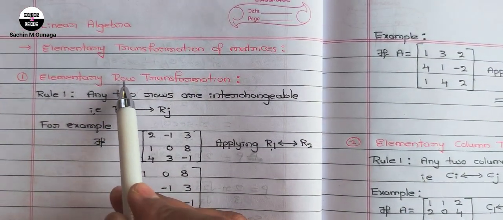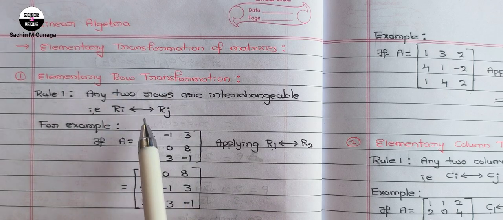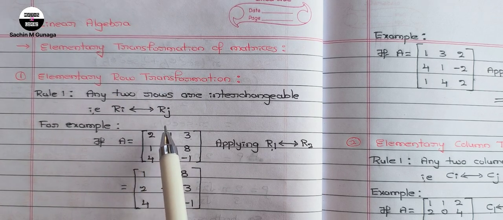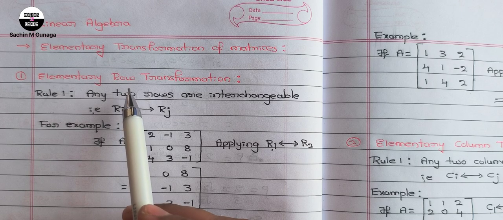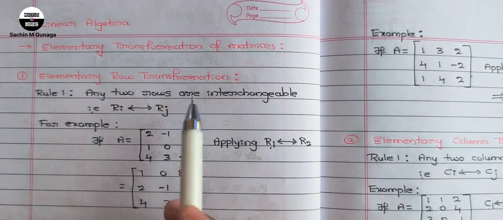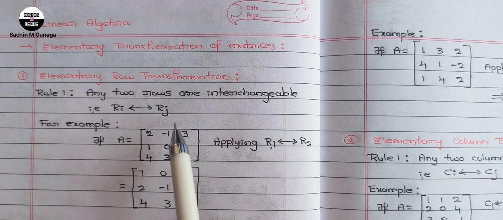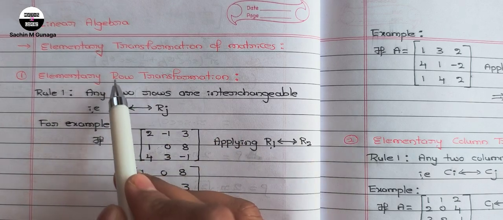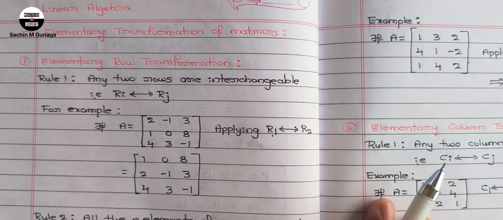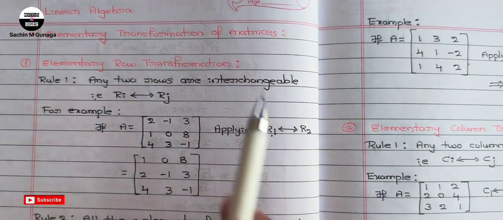In row transformation, only rows of the matrix are transformed and no changes are made in the columns. Please remember that. Only the rows are changed, but we are not going to change the columns in row transformation.